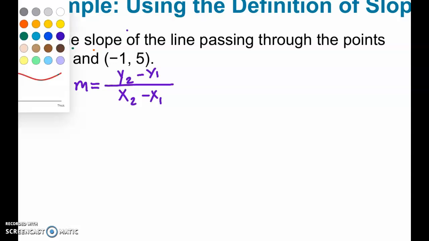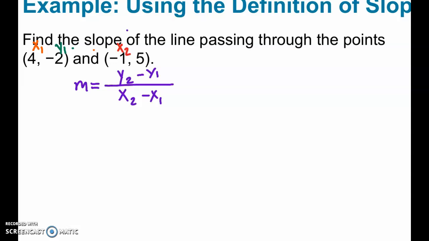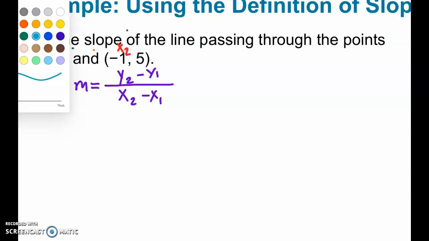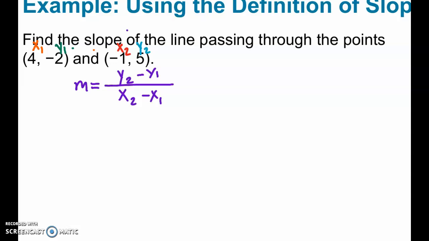Now, does it matter which one I call the first point and which one I call the second point? It does not. You could call this x2, y2 and this x1, y1. It doesn't matter. You just can't interchange, you can't have 2 different subscripts within the same ordered pair. So what I mean by that is you couldn't say this is x1, y2.